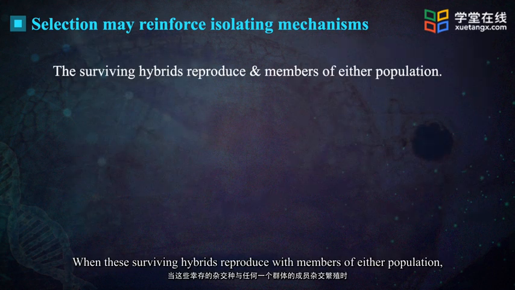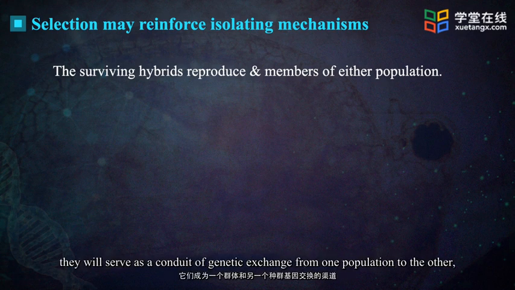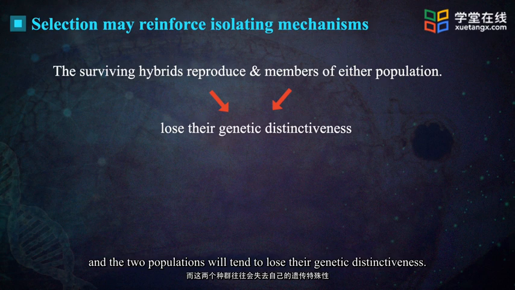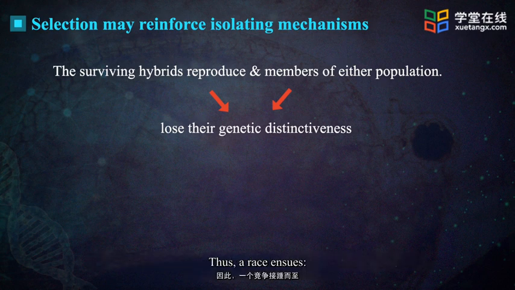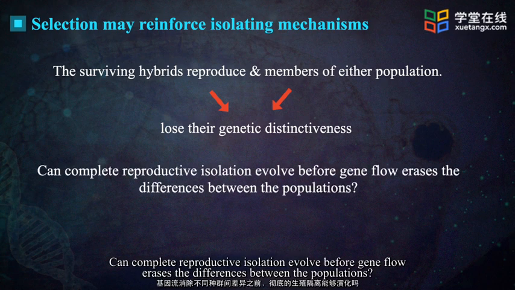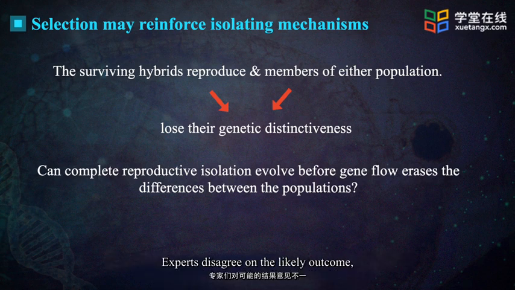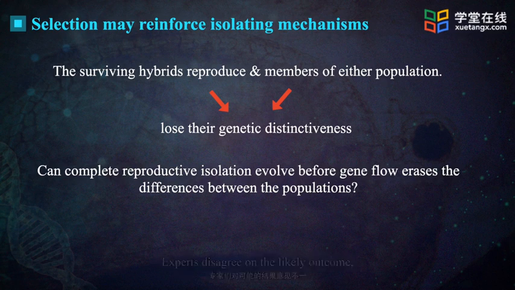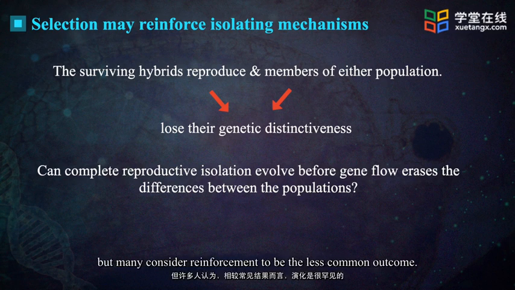When these surviving hybrids reproduce with members of either population, they will serve as a conduit of genetic exchange from one population to the other, and the two populations will tend to lose their genetic distinctiveness. Thus, a race ensues. Can complete reproductive isolation evolve before gene flow erases the differences between the populations? Experts disagree on the likely outcome, but many consider reinforcement to be the less common outcome.